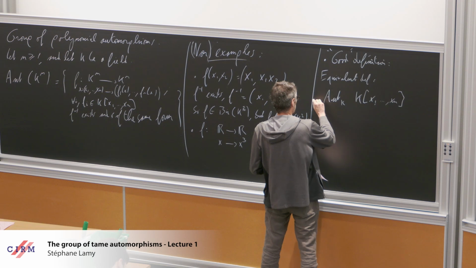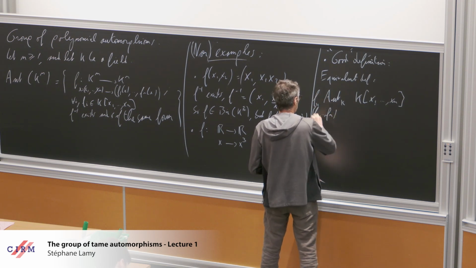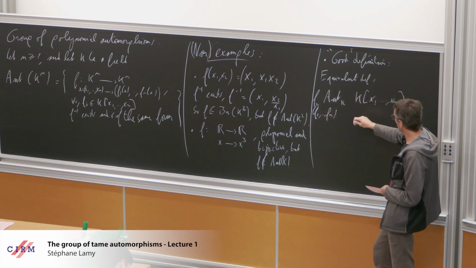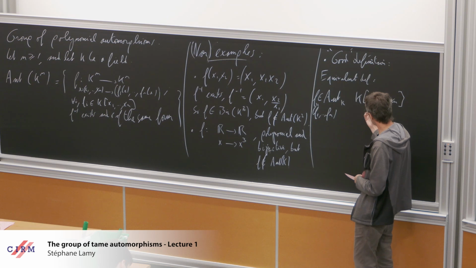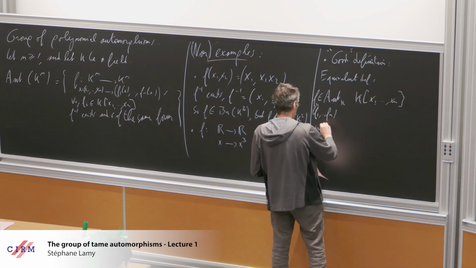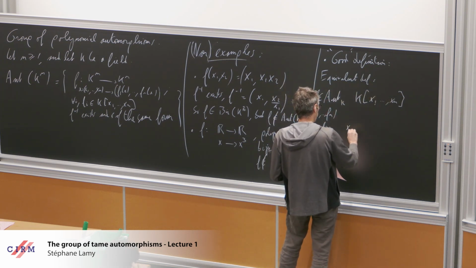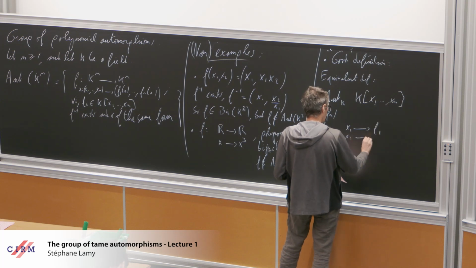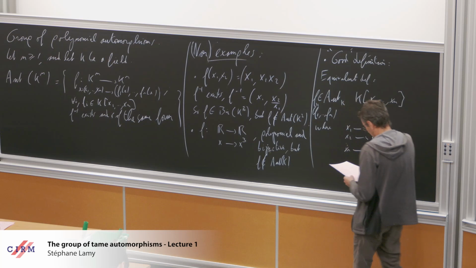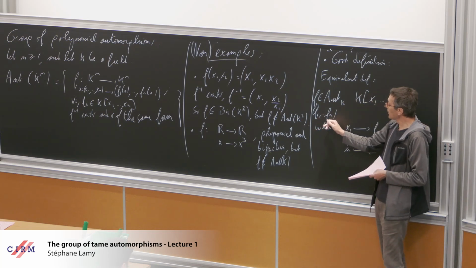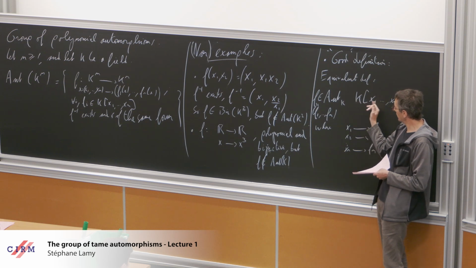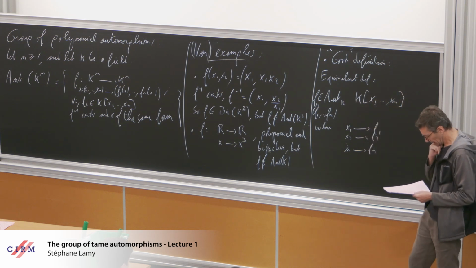So the same f, which is (f1, ..., fn), I can see here as an automorphism of this algebra by thinking of it as substitution. Or if you want, f1, ..., fn is another basis of the algebra k[x1, ..., xn].